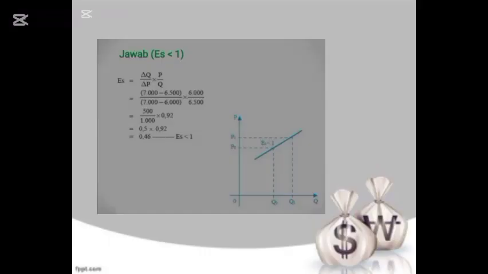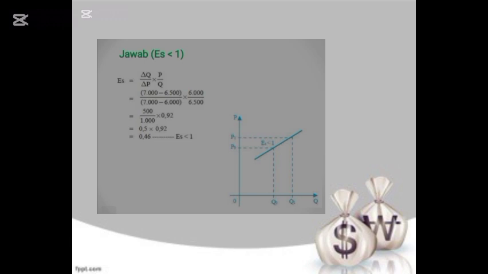the price of local orange has increased from 6,000 to 7,000 per kilogram. The price increase results in supply of local orange increasing from 6,500 kg to 7,000 kg. The calculation of the elasticity coefficient: formula, ES equals delta Q by delta P times P by Q. Delta Q: 7,000 minus 6,500 is 500.